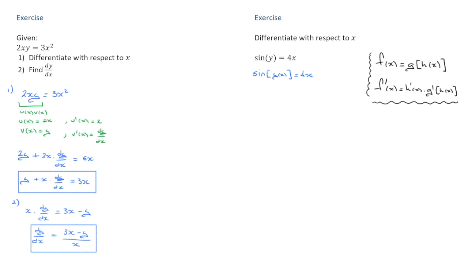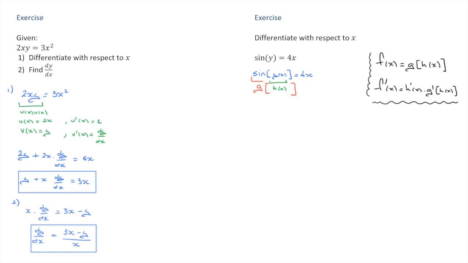Now, comparing that, g of h of x, to the expression we have, sine of y of x, y of x would be the inner function, h of x, and the outer function would be sine. So we have g, that would be the sine of h of x. Now we can see with our formula that the derivative of that is h dash of x times g dash of h of x.